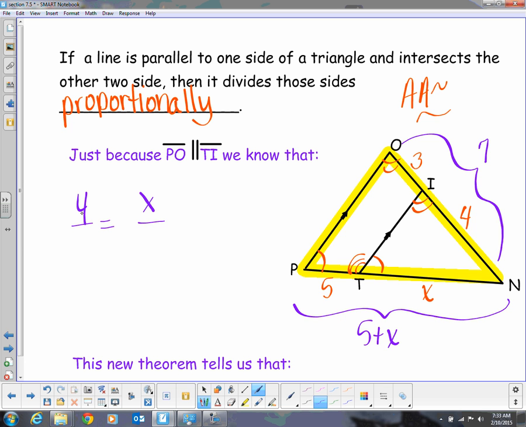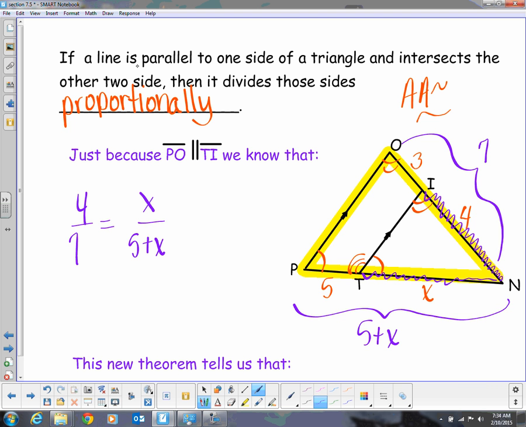And we would say 4 corresponds to which one? 4 is little, x is little, I put little on top. 4 corresponds to what in the big? This is the side of the little that 4 is. What does it correspond to in the great big one? 7, this whole side. And x, this little side corresponds to what? 5 plus x.